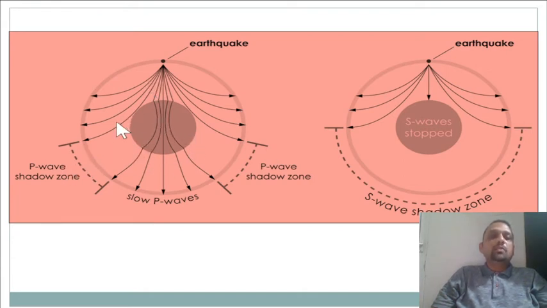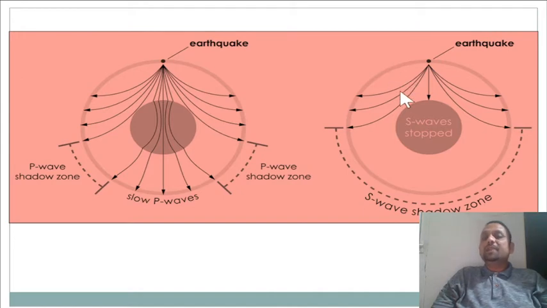Some waves are refracted by this core from this place, and some waves are refracted within the core and get diverted this way. Secondly, these are the S waves, which pass through only liquid material, not through the core. The core is a solid material. So here we can say the crust is made up of solid material.